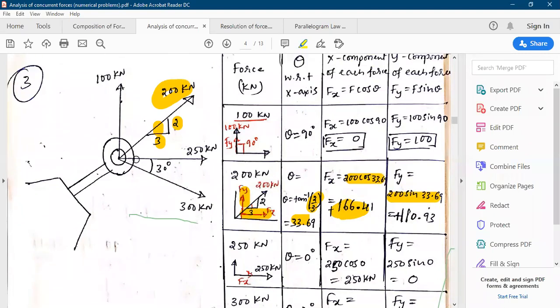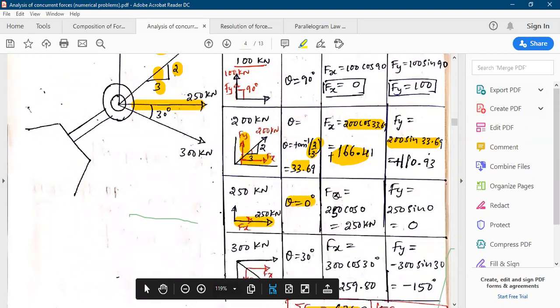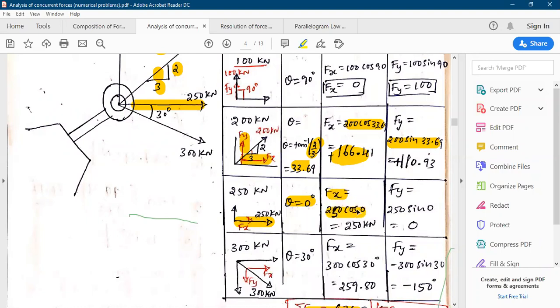Similarly, consider the 250 kilonewton force, which is acting along the x-axis. The theta inclination with respect to x-axis is 0 degree. Fx is equal to 250 cos 0. Cos 0 is 1, and 250 multiplied by 1 is 250. Fy is equal to F sin theta, which is 250 sin 0, that is 0.